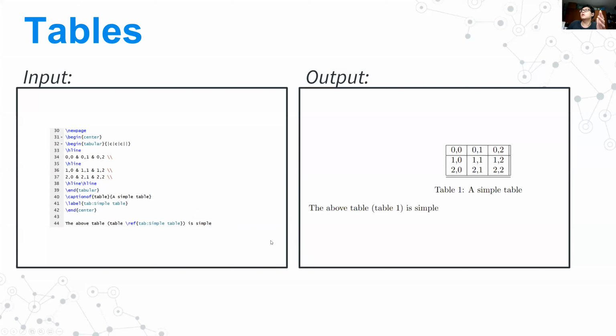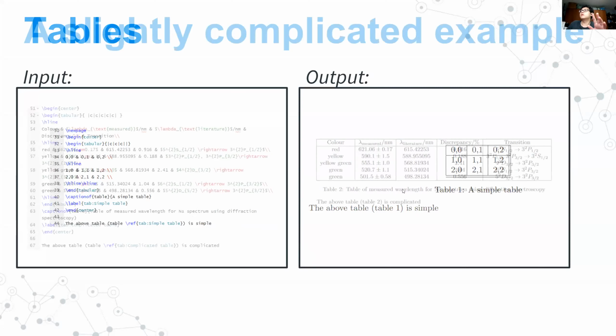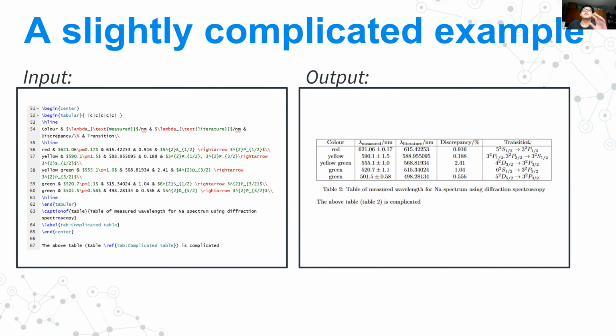So we can do a slightly more complicated table with more columns and more rows. For example, this is a slightly more complicated table. For this one, we did some experiment on diffraction spectroscopy. You can see there are many columns, and many rows with many commands used inside.